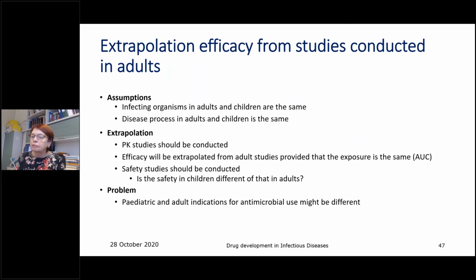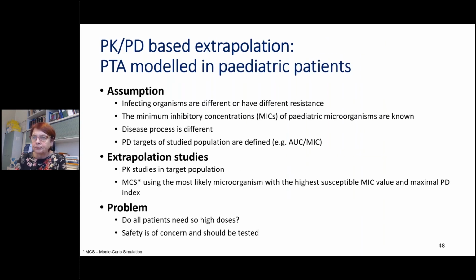The problem is that if the pediatric and adult indications for an antimicrobial are different, it's difficult to extrapolate. I brought up the example of pediatric or congenital CMV disease. You really can't extrapolate CMV in adults, which mostly occurs in immunocompromised adults, to children with congenital CMV. If the disease process is not the same, you can't really extrapolate from adults.